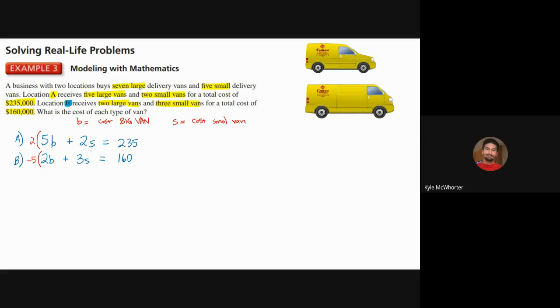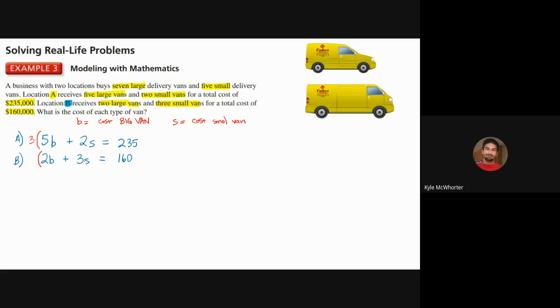But let's see if it might be easier to try to cancel out the S's. The 2 and 3 both go into 6. So if I multiplied the top by 3, that would give me a 6S.